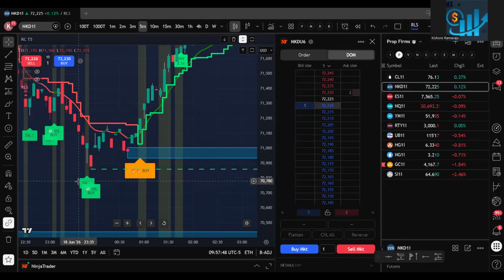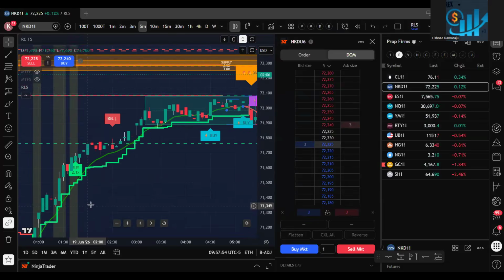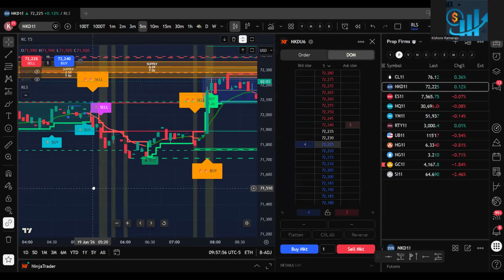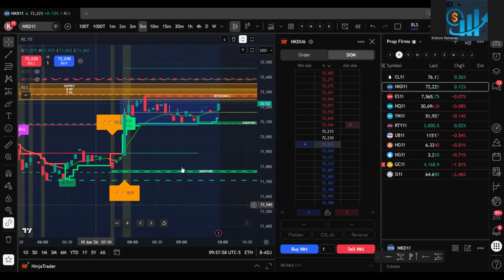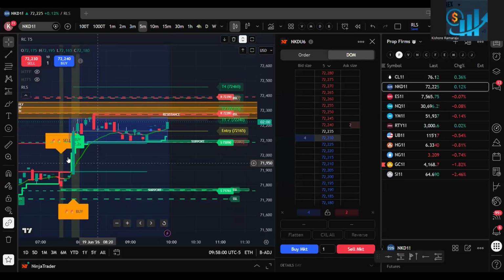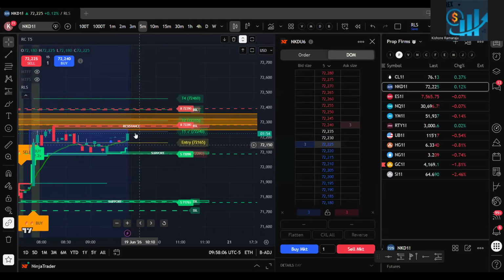See here you got a sell side liquidity, you got a sell side liquidity buy. There was a huge bounce on NKD. So if we get a buy side liquidity sell here, again we can see a big drop on NKD.